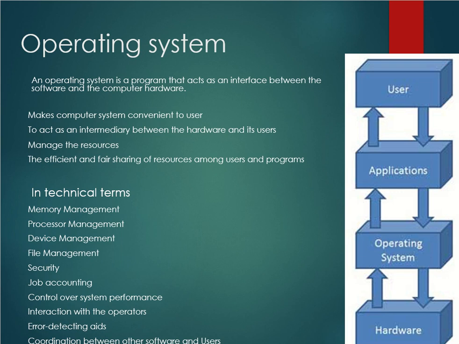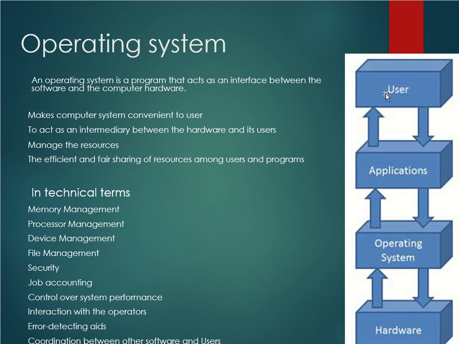That means the operating system builds the interface which we use to interact with the computer. And there are some operations that need to be done by the operating system to make it usable for the user.